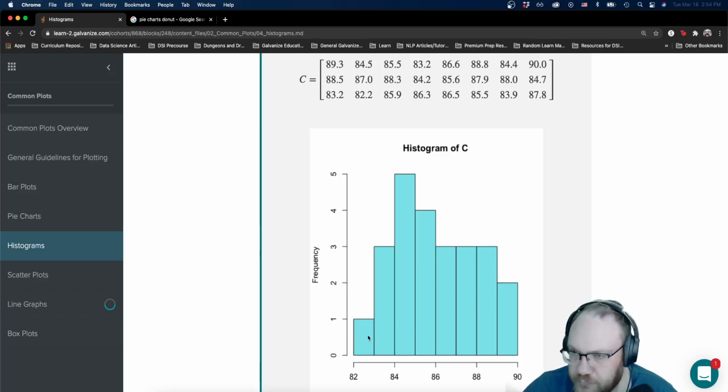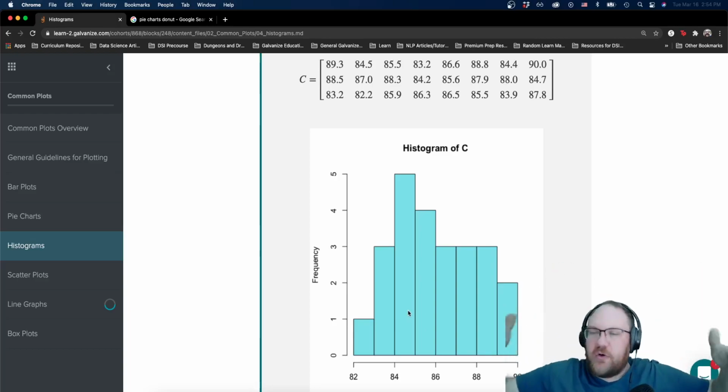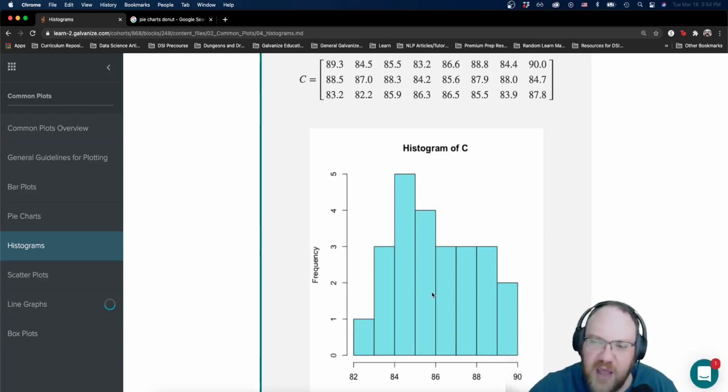So with 8 bins on this chart, I can see that my mean or my most common value is likely to be in this 84 to 86 region, and that's where most of the values are. And then I sort of have some tails. I would say this is approximately normal shaped, or like a bell-shaped curve.